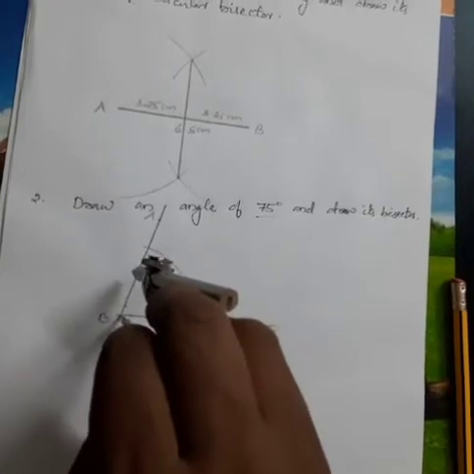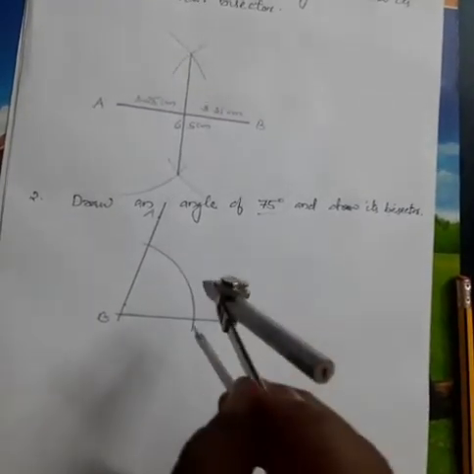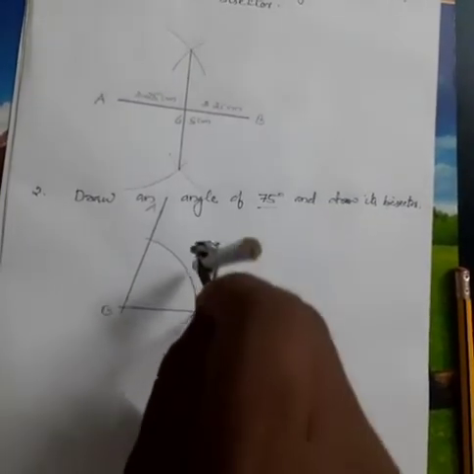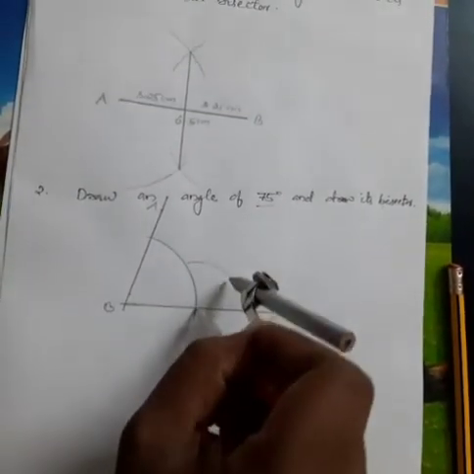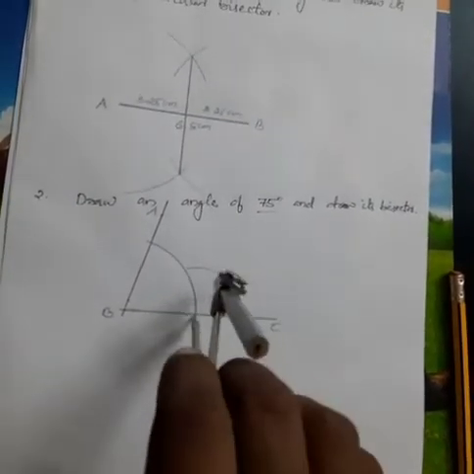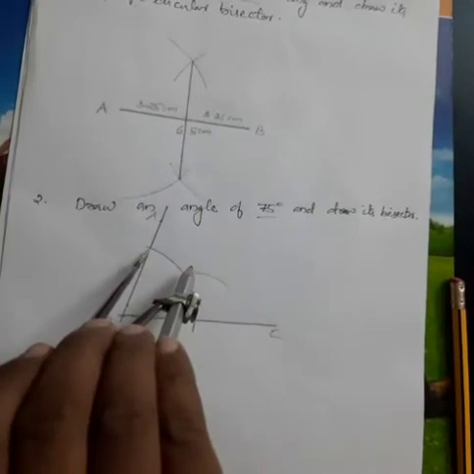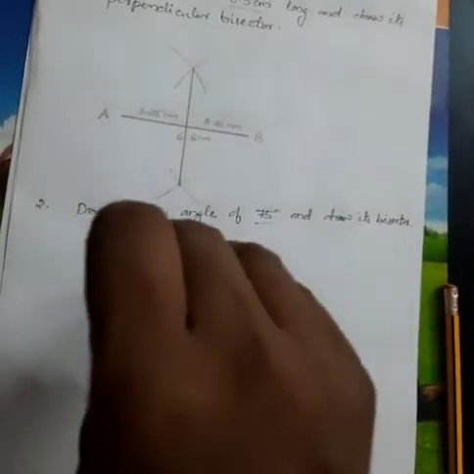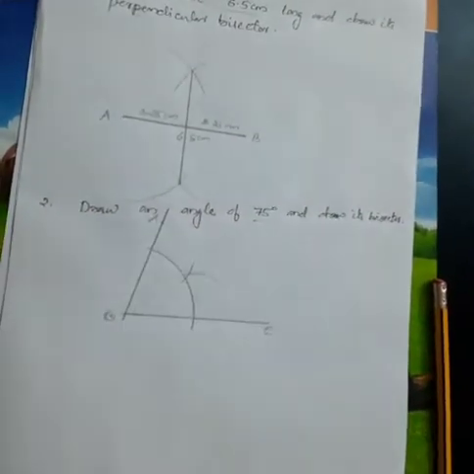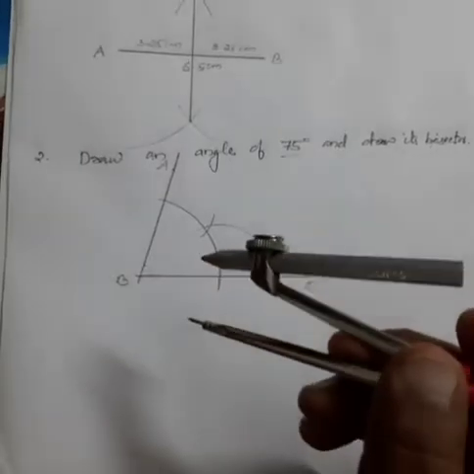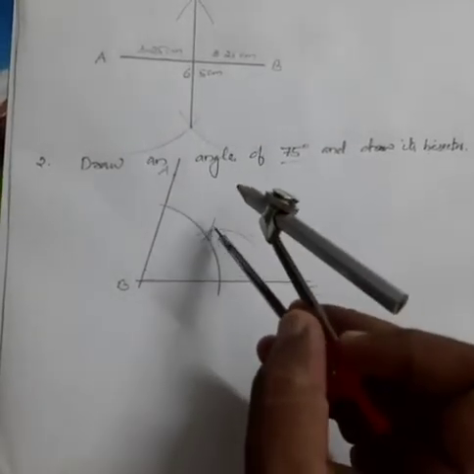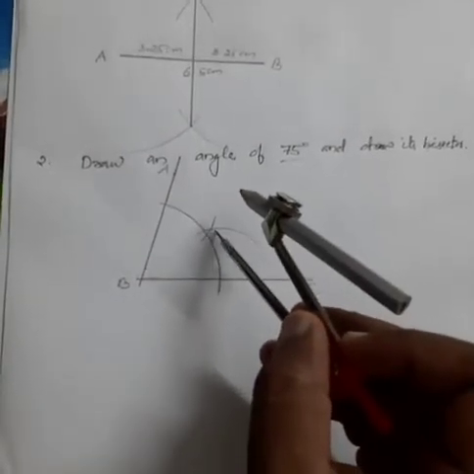Then, from these two ends, draw the next arc. And using the same measurement, from this end also, draw the next arc. You got two arcs meeting at a point.